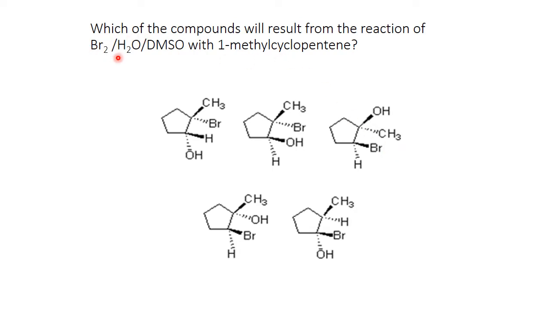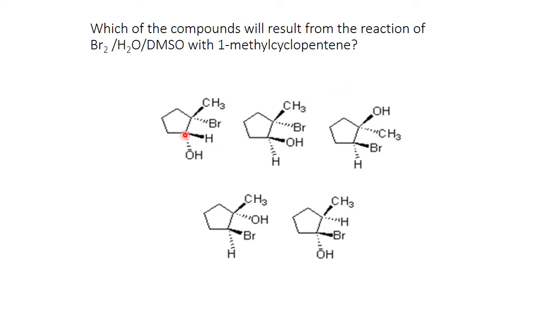What are the conditions for addition of bromine and water across a double bond? We remember that they have to be anti, and we remember that it's Markovnikov addition for the alcohol portion of the addition. So for 1-methylcyclopentene, the more substituted carbon is where the methyl is going to be. So I have to look for a hydroxyl group where the methyl is.